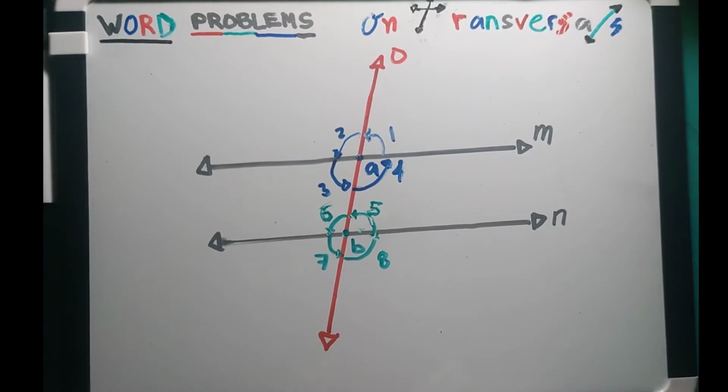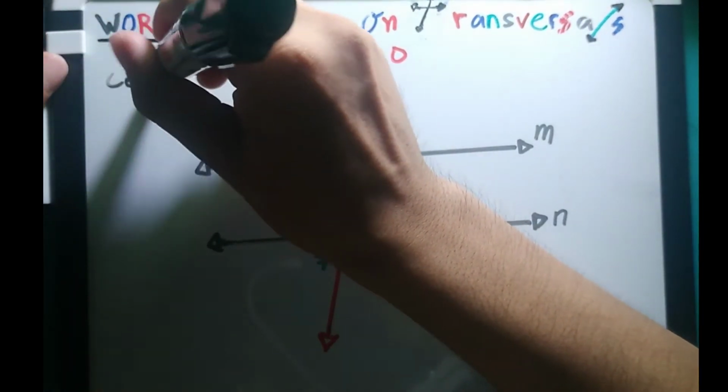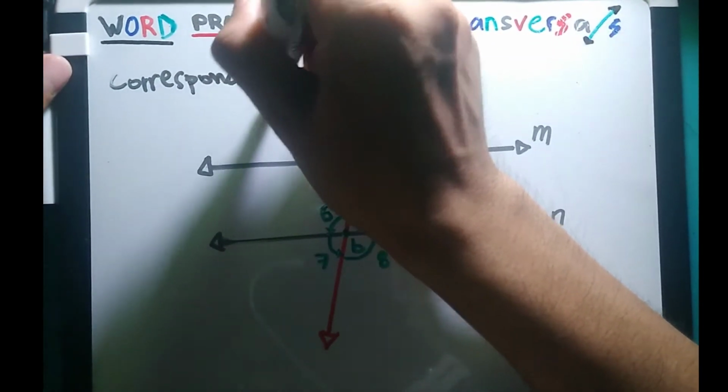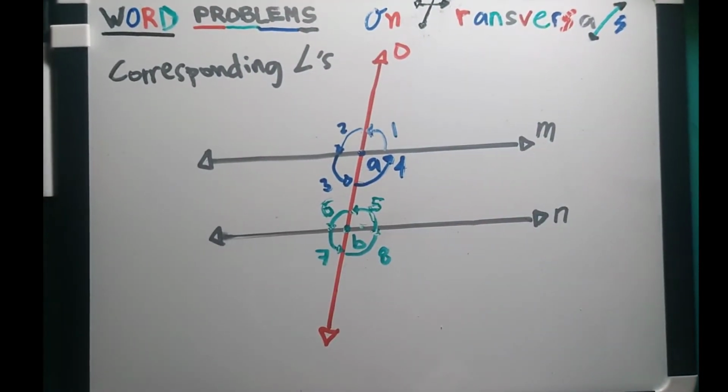If you can still recall, we have 4 types of angles formed in each point on a transversal. These types of angles are the following. First, we have the corresponding angles. Second, we have the vertical angles.